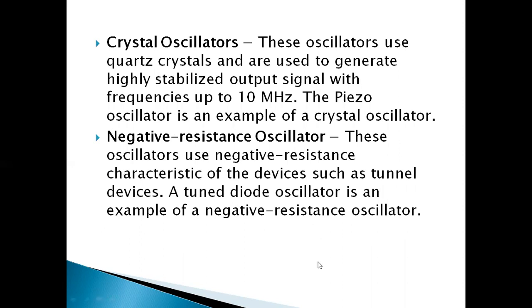So next one is crystal oscillators. These oscillators use a quartz crystal and are used to generate a highly stabilized output signal with a frequency range up to 10 MHz. So the oscillator which uses a quartz crystal in the feedback network is known as a crystal oscillator.